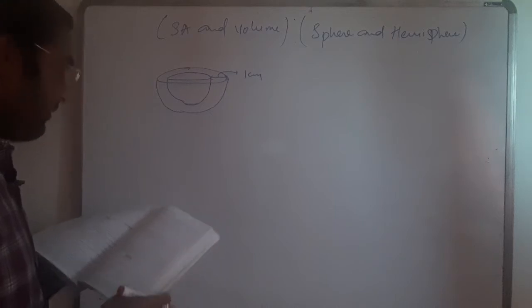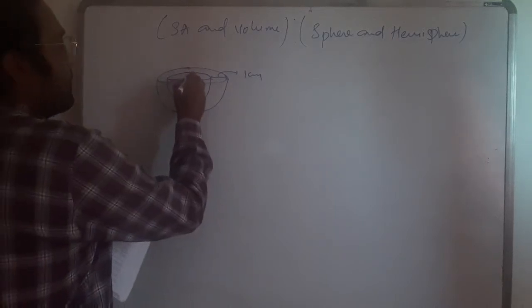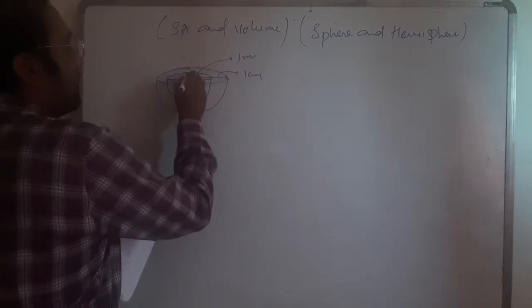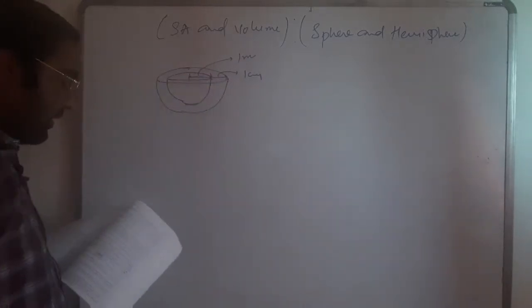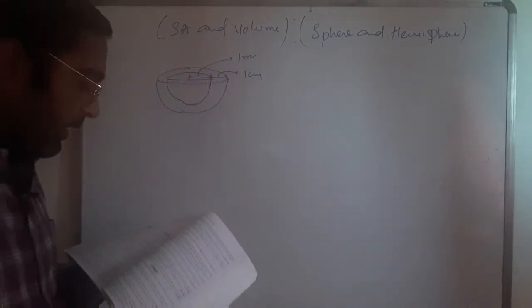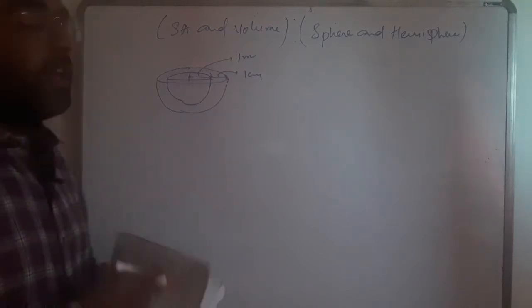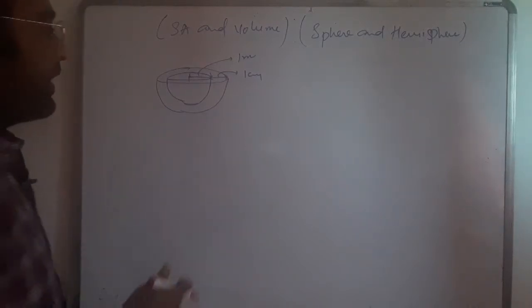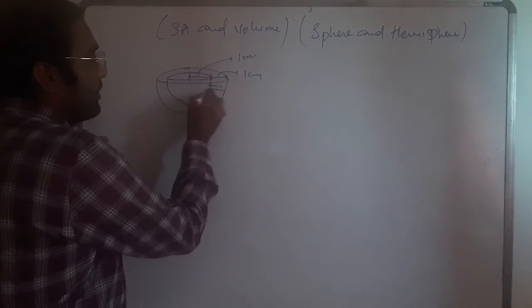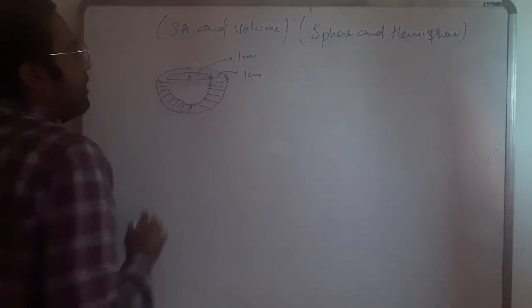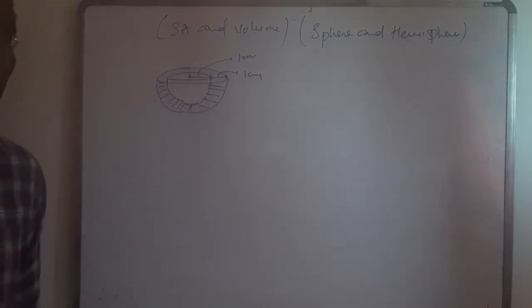Now the inner radius, from this part to this part, is 1 meter. Then we have to find the volume of the iron used to make the tank, that is, the volume of this part.